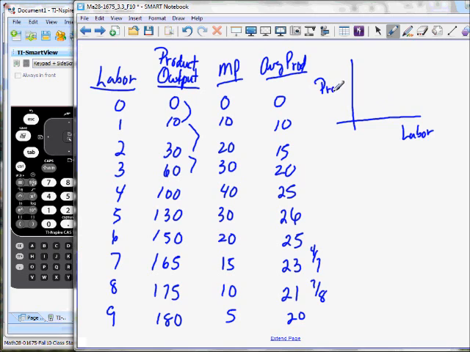Okay, so you did a product, okay, and then you did, was it marginal product there? Oh, for the second graph, yeah, we had a marginal product and average product.